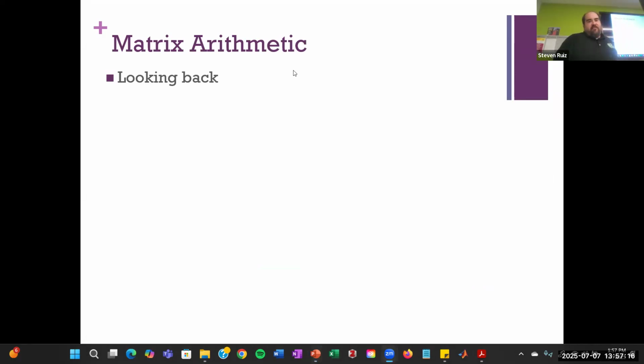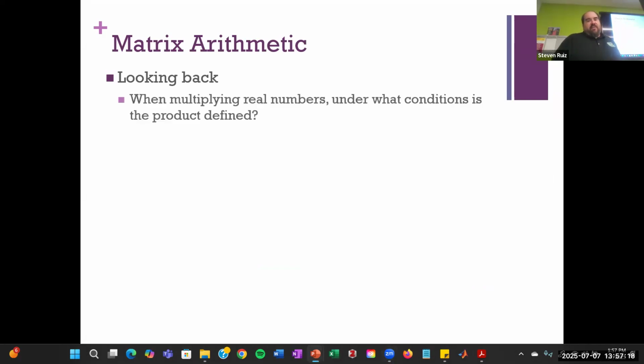So a couple questions to get you started here. When you're multiplying real numbers, under what conditions does that product exist? Under what conditions is it undefined? Have you ever even thought about this? You multiply two numbers together and you get nothing back. When does that happen?